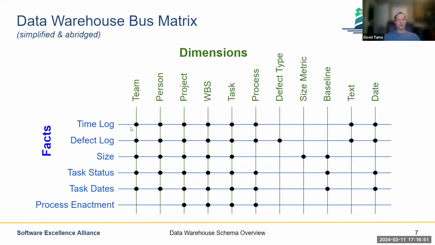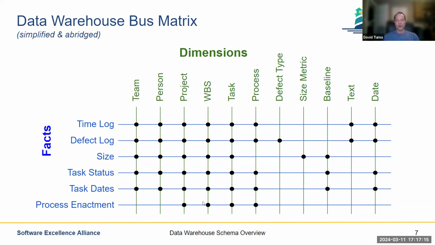schema that I was showing you before, obviously it's going to be collected by a particular person working as part of a particular team on a project within some part of the WBS, working on some task associated with some process phase. All of these are the dimensions that a time log entry cares about.